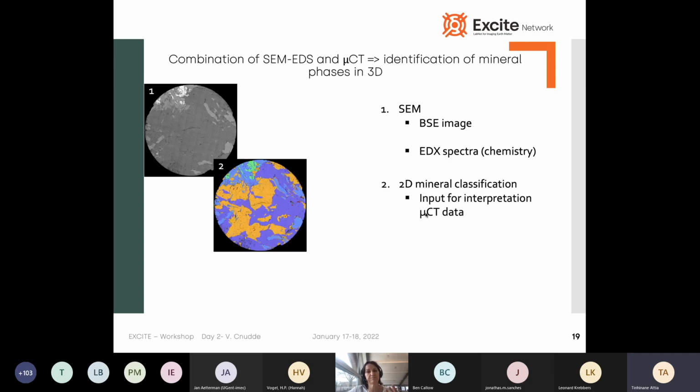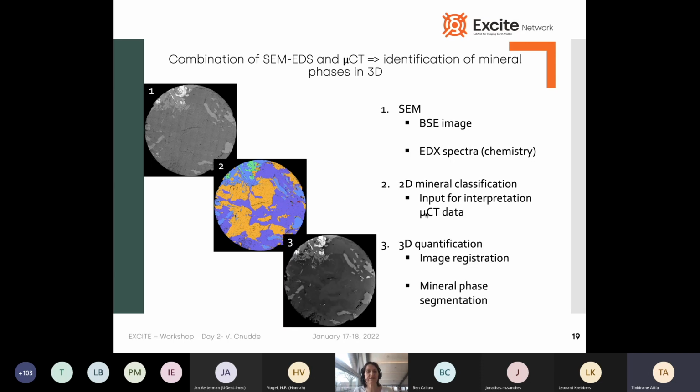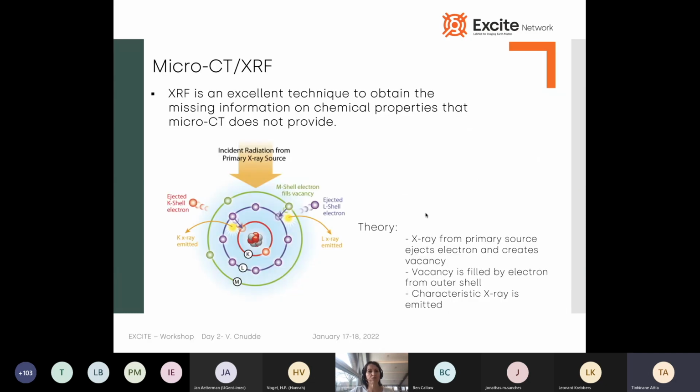You can get the mineral classification, and then you try to match this with your CT data and try to get a kind of mineral phase segmentation, even in a kind of 3D way, but with some assumptions and knowing your material well. So another way of using CT could be combining micro-CT with XRF, X-ray fluorescence.